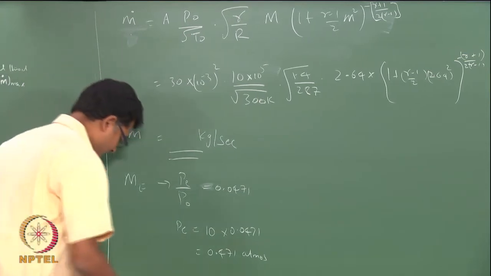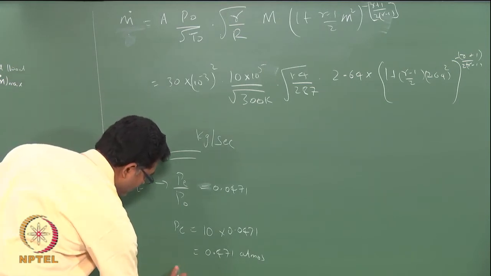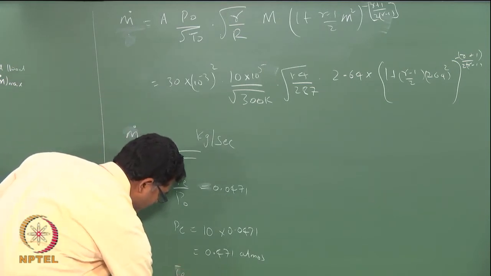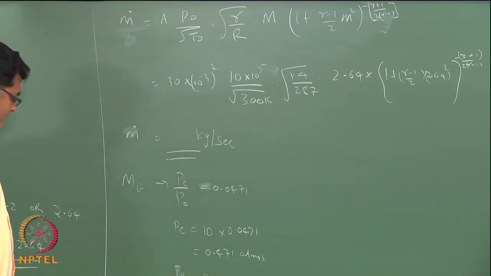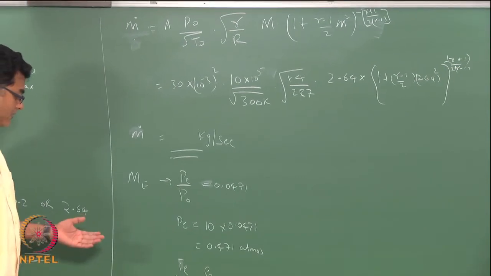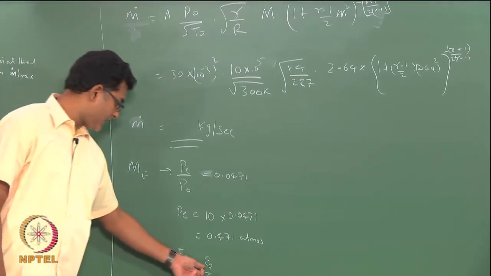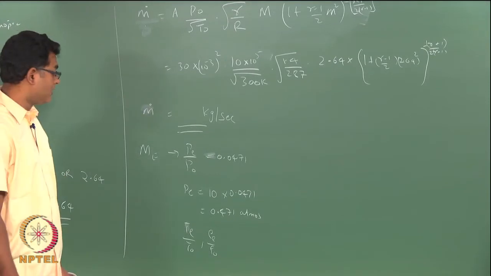Likewise, I can also get my T exit by T0 or rho exit by rho 0 if I know the value of rho 0. Rho 0 I can get from PV equals RT, and then I can get the exit density of the fluid and exit temperature of the fluid.